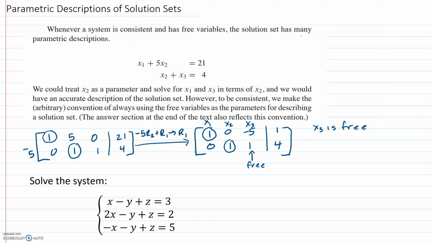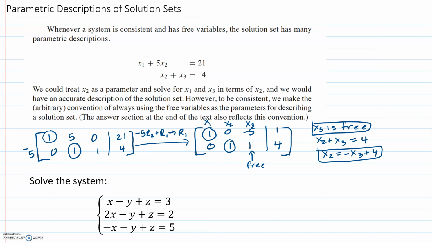So we can now solve for x2 in terms of x3. From the second row, we know that x2 plus x3 better equal 4. So I'm just going to solve for x2 here, and that's going to be the solution for that.